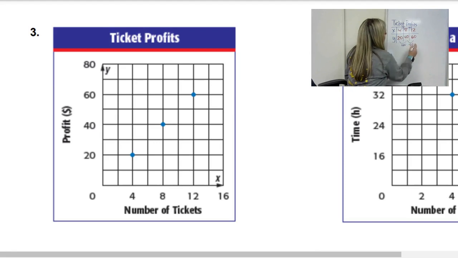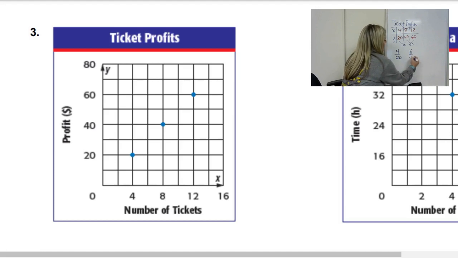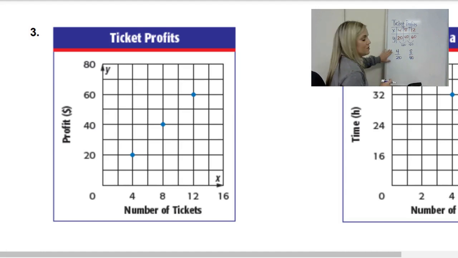Okay, now if you looked at this, you could pick any one of these. You could do 4 over 20, or you could do 8 over 40. It doesn't matter. Either way, when you reduce these, you can find the slope.